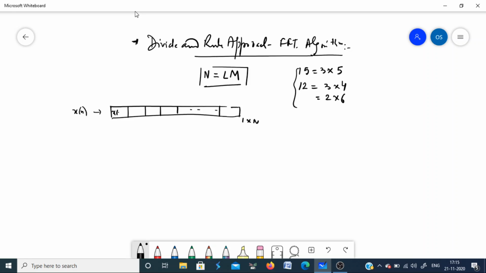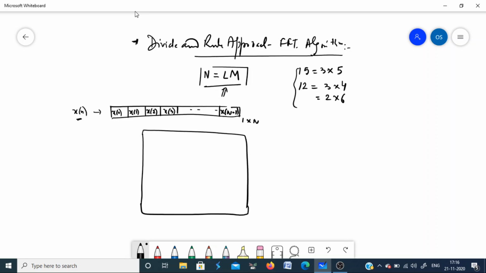So you have x0, x1, x2, x3, x4 and so on, and the last is x of N minus 1. This is the input sequence for which you are going to compute the DFT. Now since we have divided N into two factors L and M, you can create a two-dimensional matrix of order L cross M, having L rows and M columns.